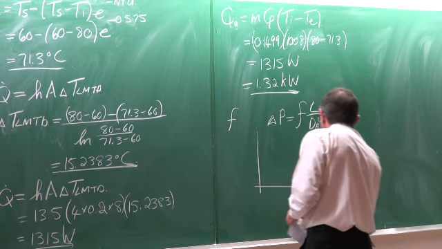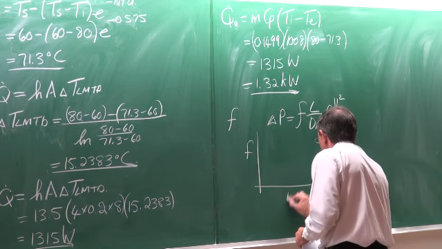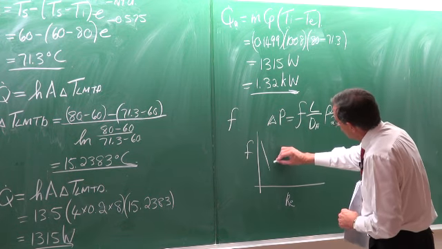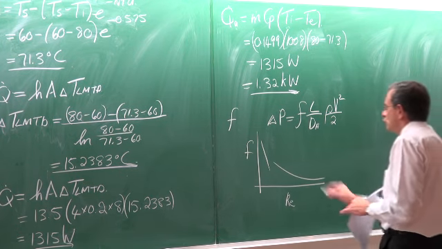If we go to the Moody chart, the friction factor as a function of Reynolds number, that is for a smooth tube.